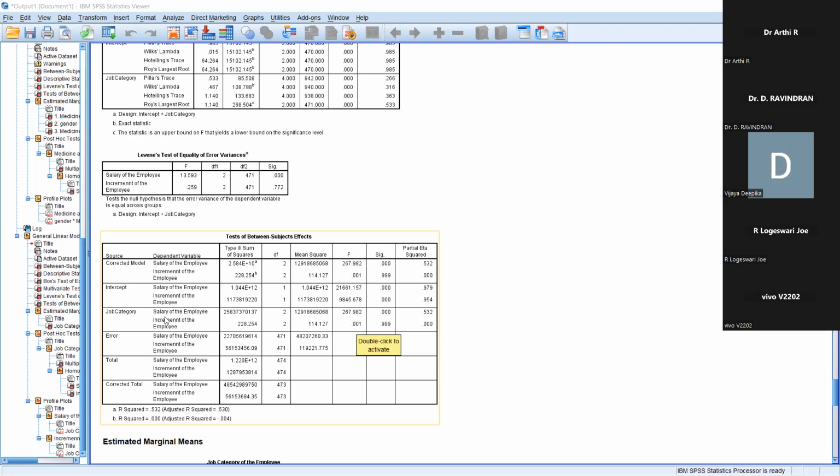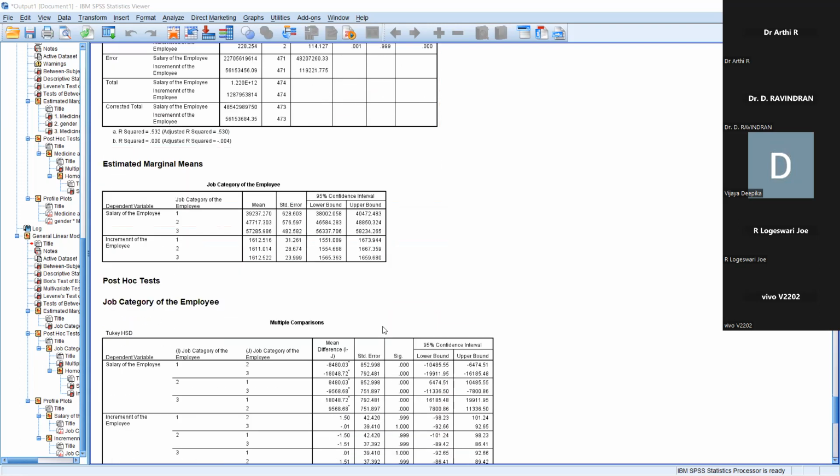So there is a significant difference in the means of the salary among the different job categories, but no significant difference in the means of the increment of the employee among the different job categories. The partial eta squared for salary shows the effect is high, whereas for increment you don't find the effect is high because it is not significant at all.